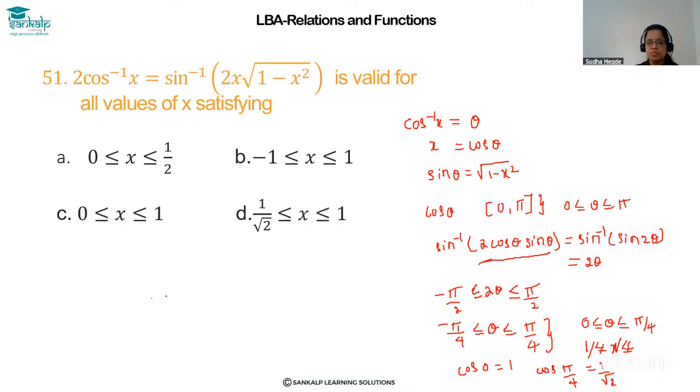So that implies x value should lie between where to where? 1 by root 2 less than or equal to x less than or equal to 1. So check the options. Option D, 1 by root 2 less than or equal to x less than or equal to 1 is the correct answer.